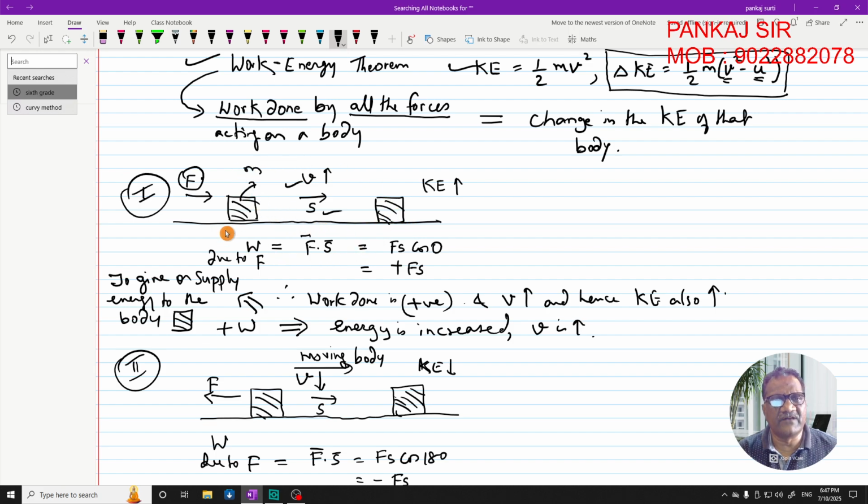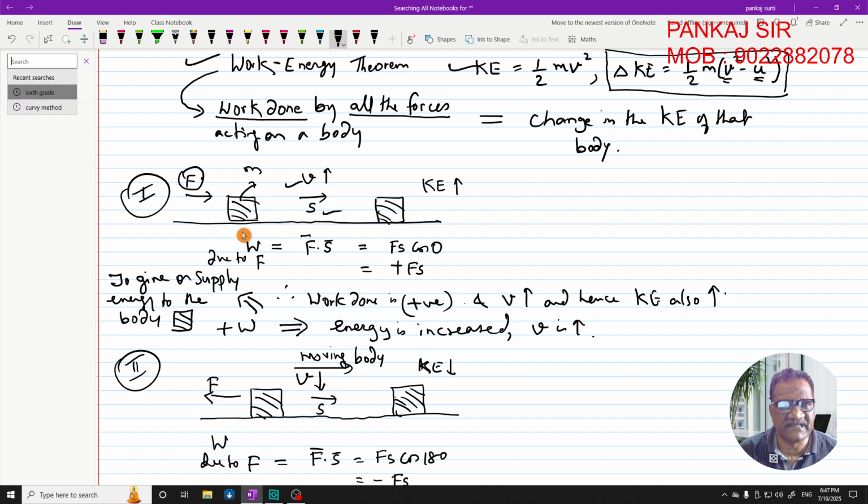So we have so many things now with us. We have a force acting on a body of mass m. Because of this net force, there is some velocity gained by the body, and because of this velocity, the displacement is taking place.